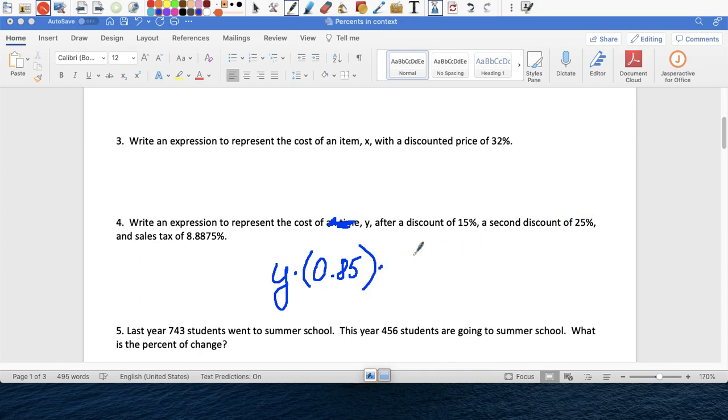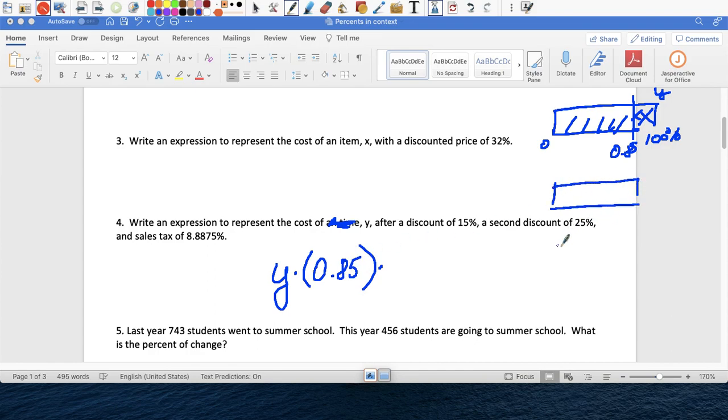And then you get a new price. So here we go. Here was 0, you had the price Y. You took 15% away. You're left with 0.85. So this is what you have to pay first. Now that bar becomes your new price, and I'm going to call this Y times 0.85.